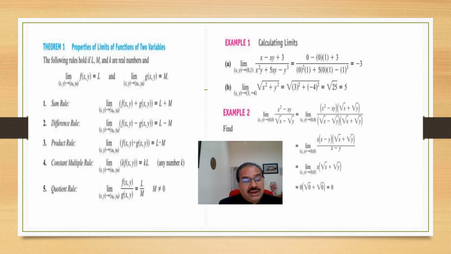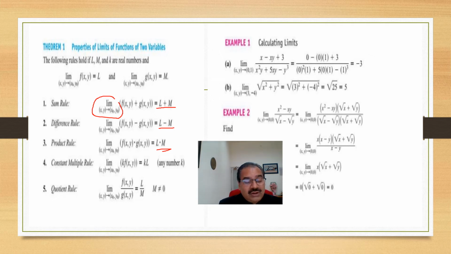Then the sum rule: if you take the limit of the sum of the two functions, it is distributed, meaning L plus M. The difference rule: if you take the difference of two functions, the limit is also distributed, meaning L minus M. The product rule says the limit as x, y tends to x naught, y naught of f of x, y times g of x, y is the limit of f of x, y into the limit of g of x, y, which means L into M. The constant multiple rule means the limit of k times f of x, y is k times the limit of f of x, y, so this is k into L, where k is any number.